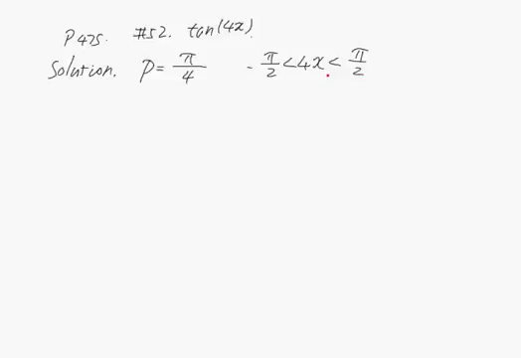Because the fundamental cycle of the tangent x is from negative half pi to half pi. So right now, we just divide each part by 4. Then we get negative pi over 8 less than x and less than pi over 8.